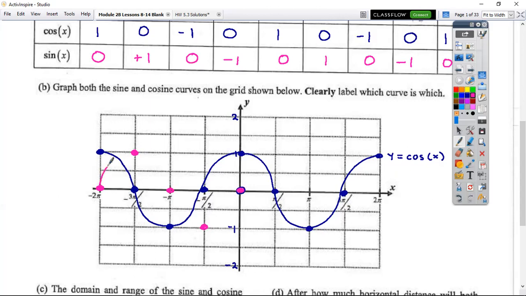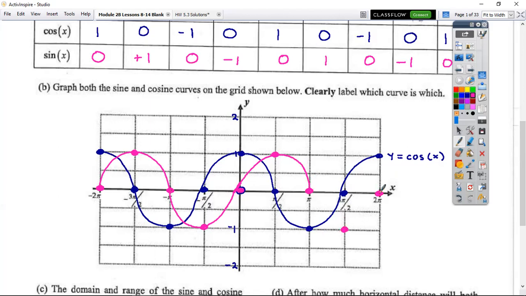So here is a sine curve. And then right back around to the other side. And 0. Down at -1.